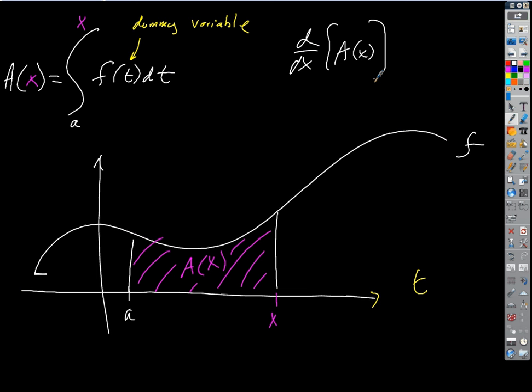Right, so that's going to look like, if this is A of x, it's going to look like the derivative with respect to x of that integral, right, with a variable upper limit. What are the things that are going to impact the rate at which the area is increasing?